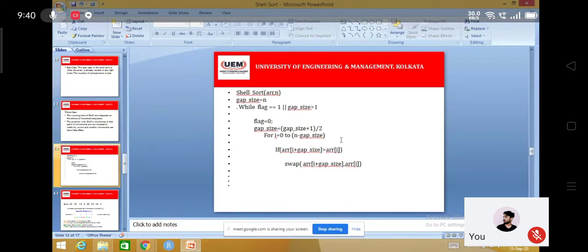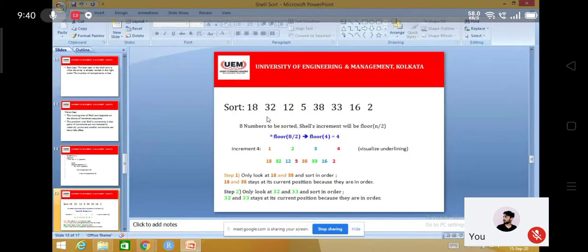We will calculate each time the H with the divided by 2 approach. But I am again repeating, this is just one method of doing this. The value of H can be anything. Basically, it is actually calculated with some complicated formula. Okay. So next, let's look at the elements.